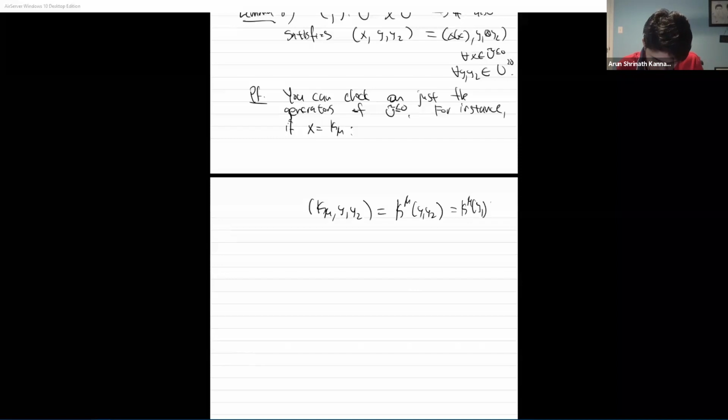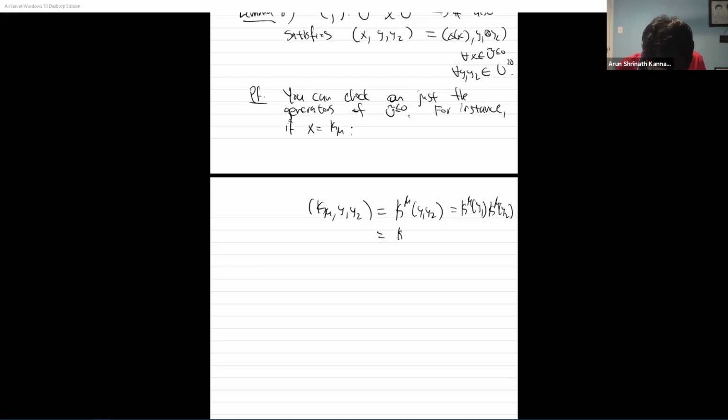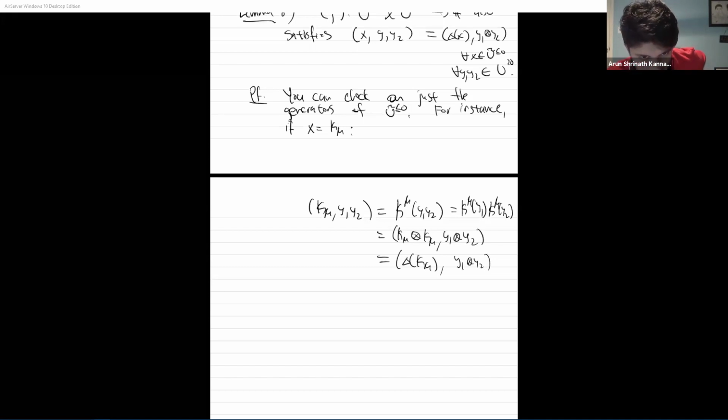So k mu tensor k mu applied to y1 tensor y2, which is equal to delta of k mu paired with y1 tensor y2. So you can kind of break things up using the generators and this property here, the conditions 1 and 2 of a bialgebra pairing.